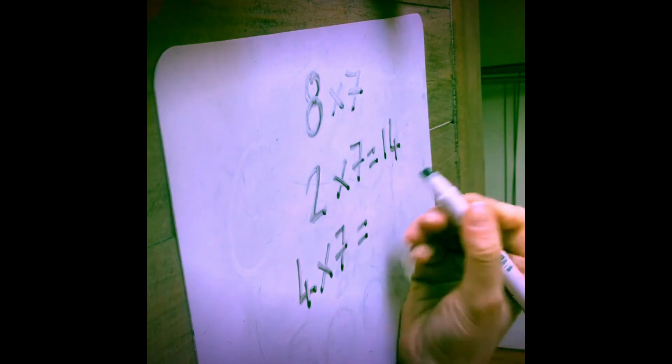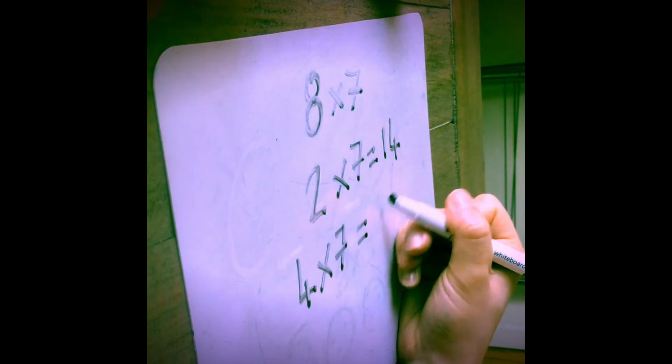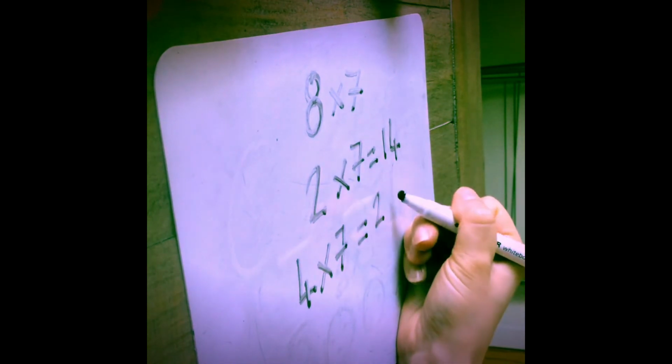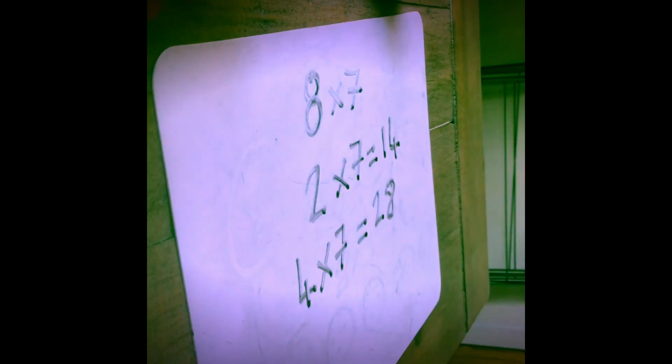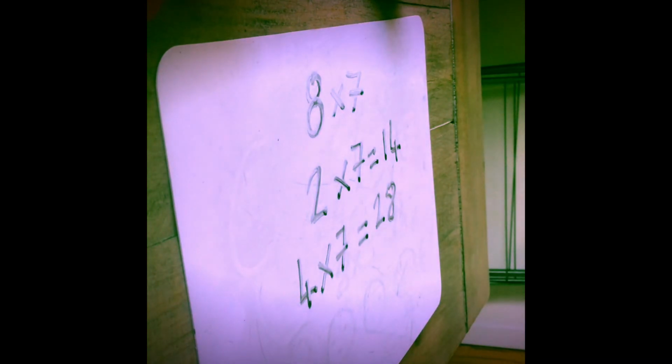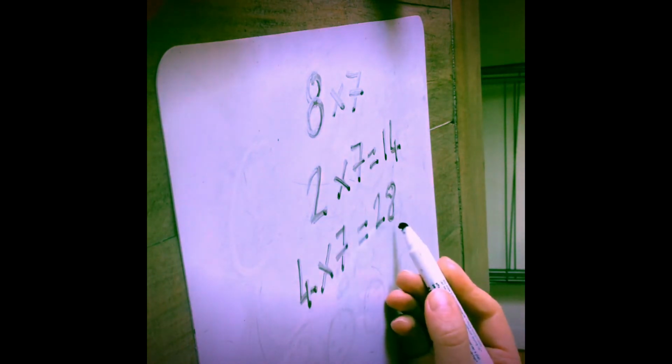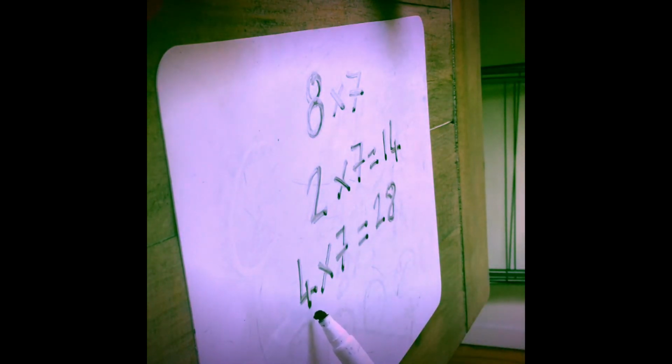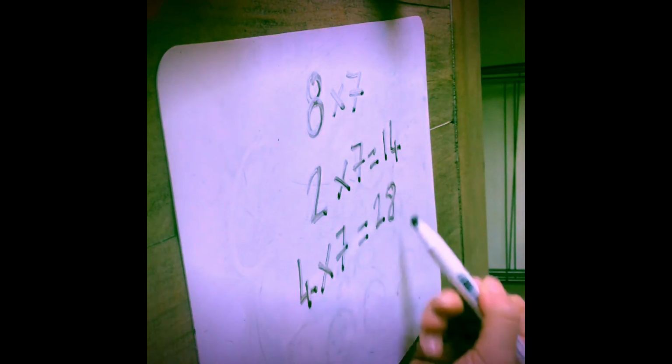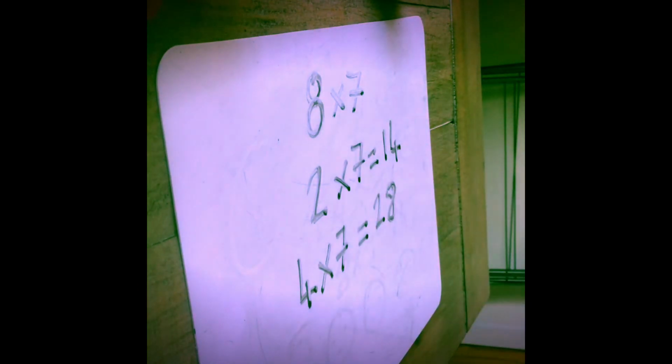So double 14, well double 10 is 20, double 4 is 8. So 4 times 7 is 28. To get 8 times 7, we can double this answer, because double 4 is 8. So if we double this answer, then we're going to get 8 times 7.